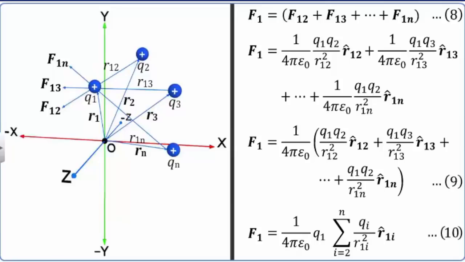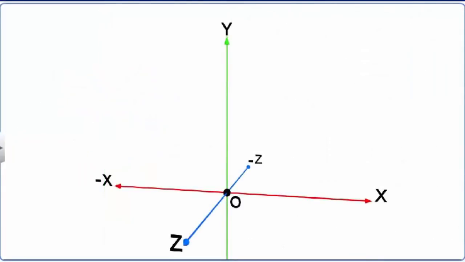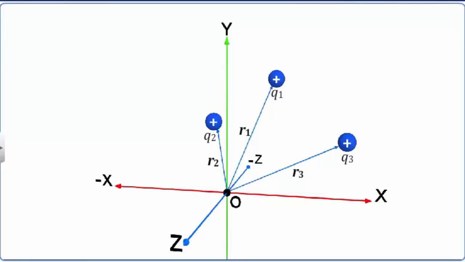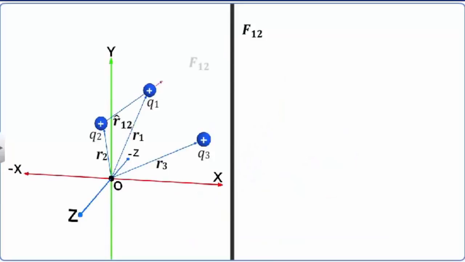To understand the superposition principle more clearly, consider the charge configuration consisting of charges Q1, Q2 and Q3 with position vectors R1, R2 and R3 respectively with respect to the origin O. F12 is the force on the charge Q1 due to Q2 and is equal to 1 by 4 pi epsilon naught Q1 Q2 by R12 square into R12 cap.